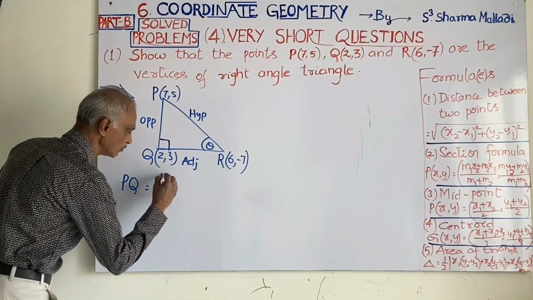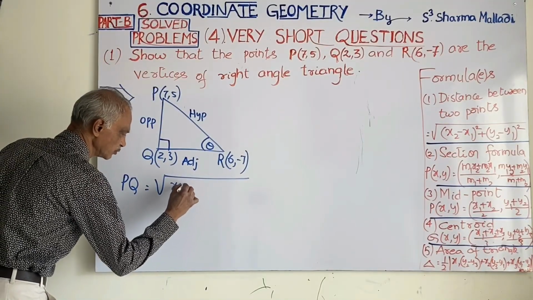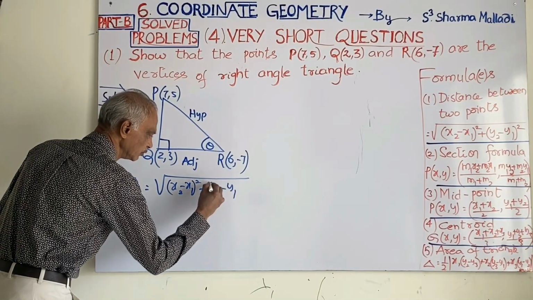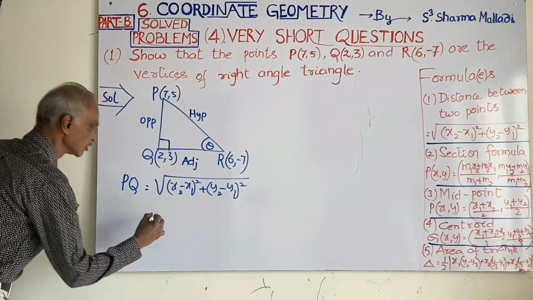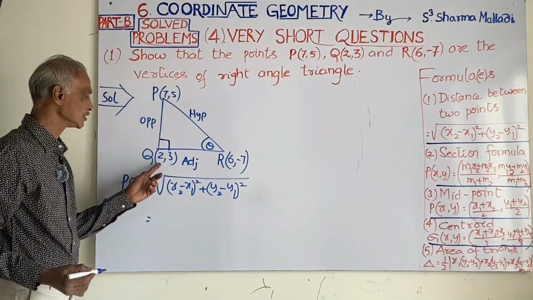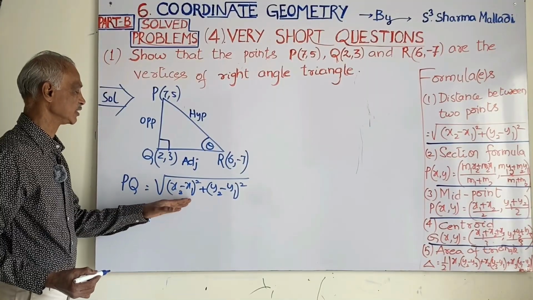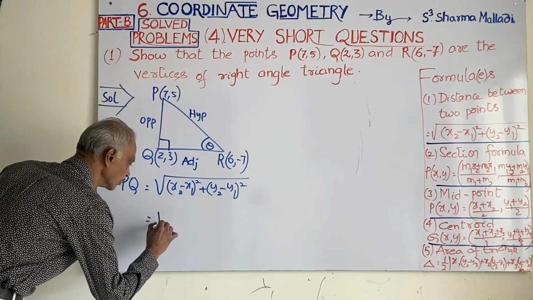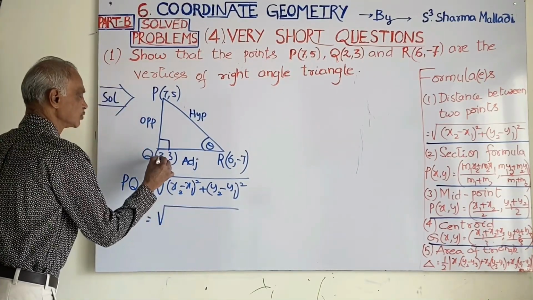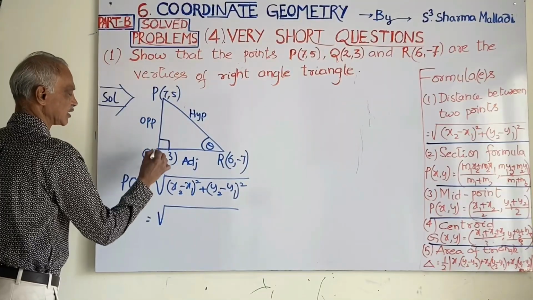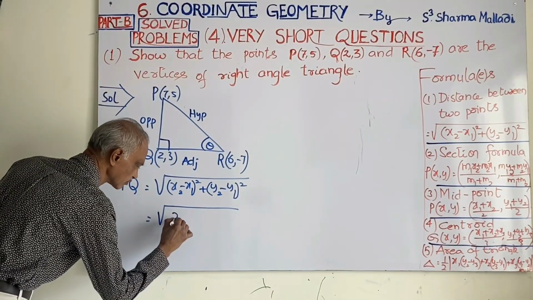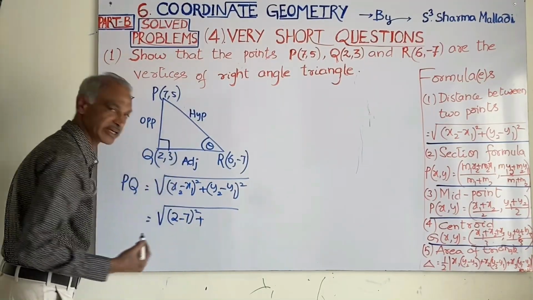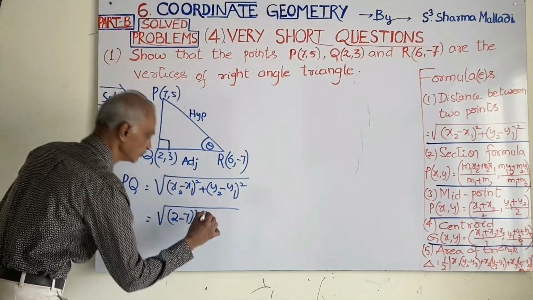Now, first you find PQ, the distance between P and Q. What is the formula you have? First you write the formula: square root of (x2 minus x1) whole square plus (y2 minus y1) whole square. This is x1, y1 and this is x2, y2. So (2 minus 7) whole square plus (3 minus 5) whole square.